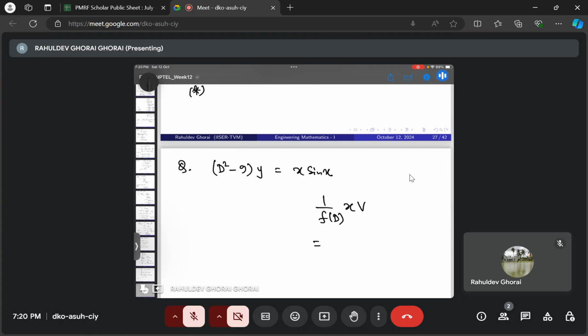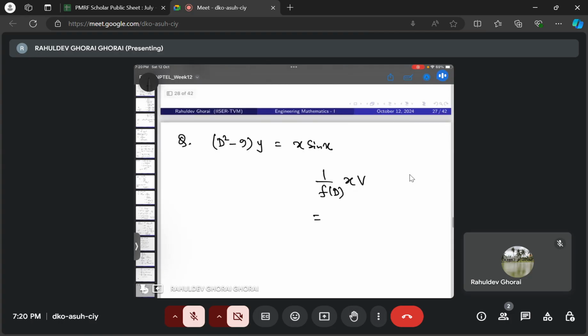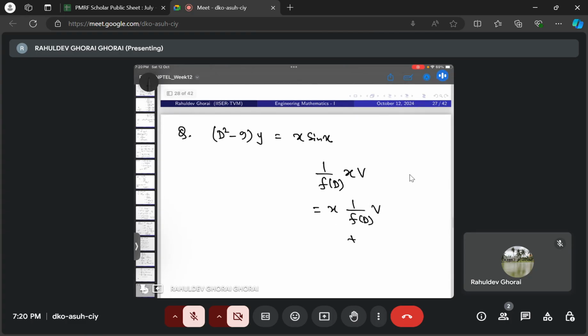Okay, if you don't know also, I will be telling here. So this you can write as x times 1 over f(D), times, D plus, you take the derivative of this f(D), sorry, take negative, and then the derivative f prime(D) over f(D), and times this will be also.